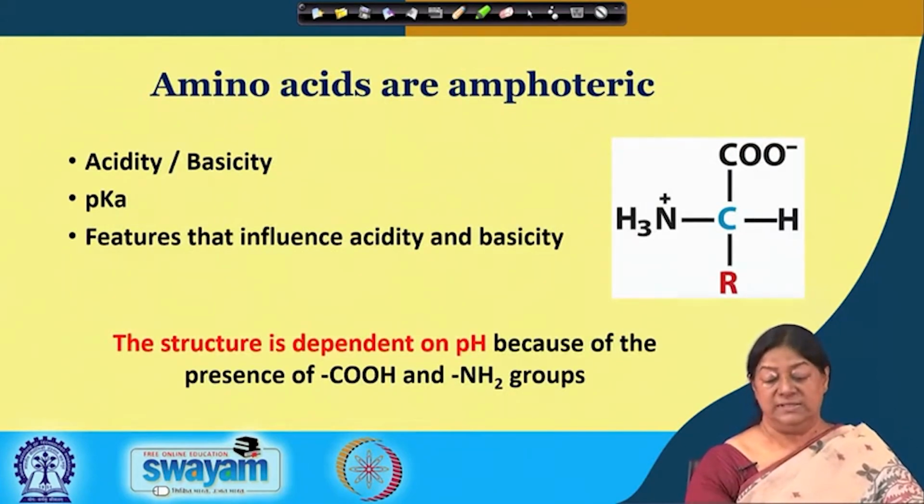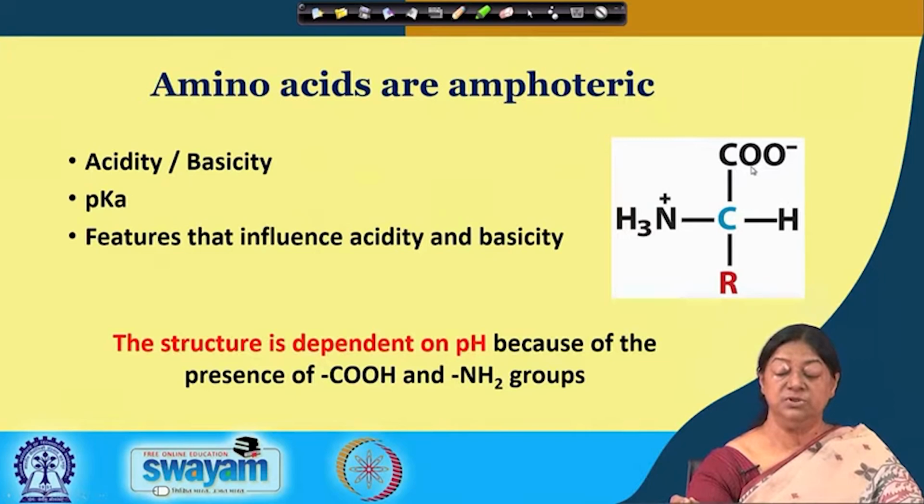Now, if we look at the amino acids, the basic structure is this, where we have the alpha carbon, the R group, the amino group and the carboxylic group. It is important to see that this has been written in a neutral form. If we were to consider this as COOH, NH2, we would be considering again a neutral type of amino acid, but as we have protons that can be dissociated from the amino acids, we have to remember there is a pH dependence.